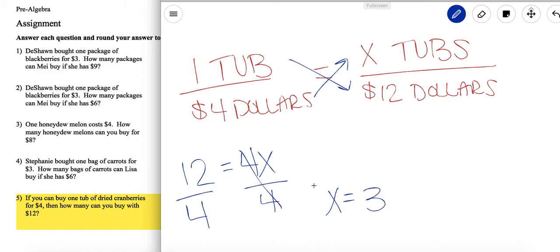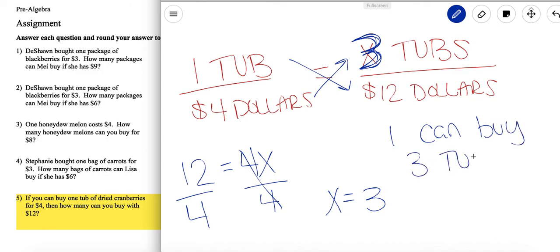What does this whole thing mean? Don't just say x equals 3. Tell me, what does it mean? It means that we can substitute 3 in for x. And I'm going to write the sentence, I can buy 3 tubs.